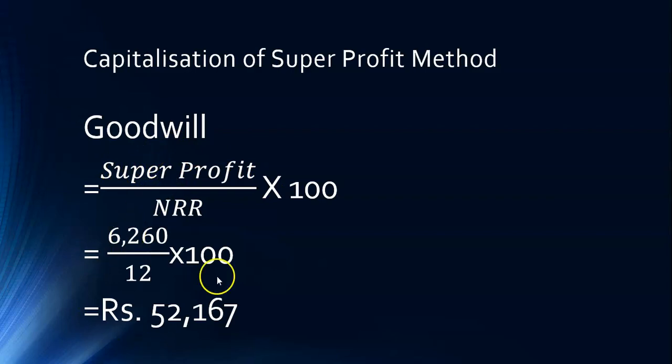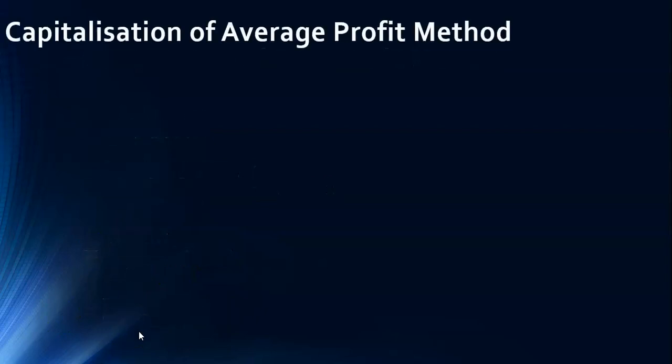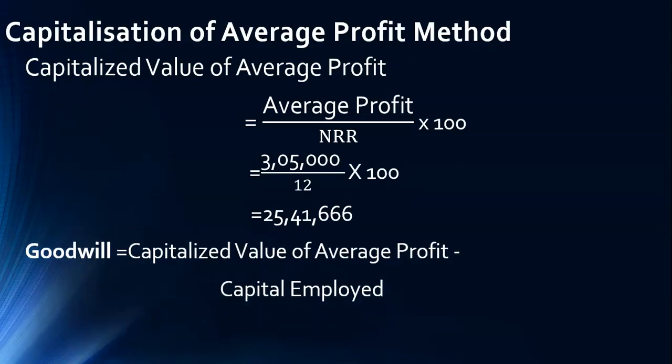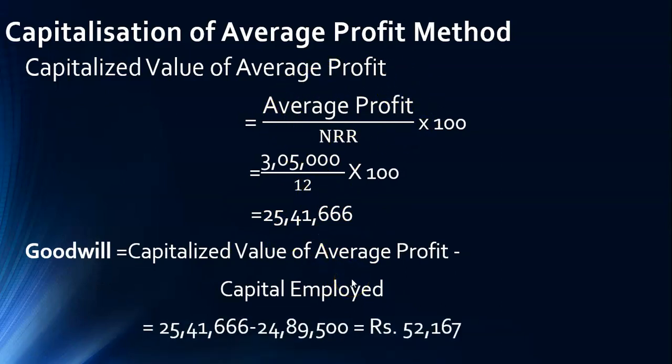Thereafter, you calculated the capitalized value, and in this method, you have calculated the capital employed of the total profit and thereafter deducted it from the capital employed in your business. It is the amount. The goodwill amount will be similar in both cases.